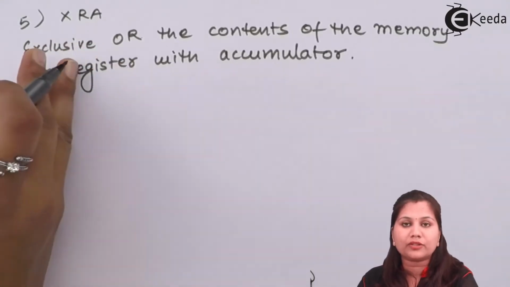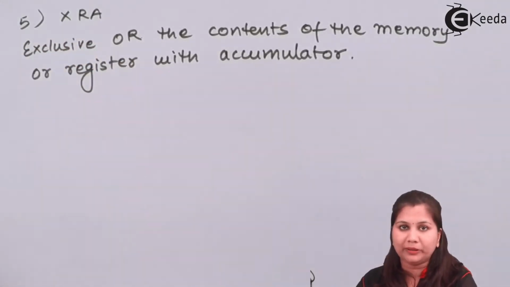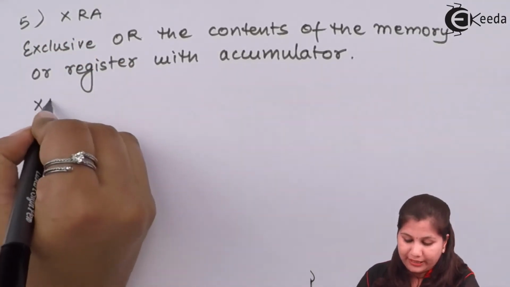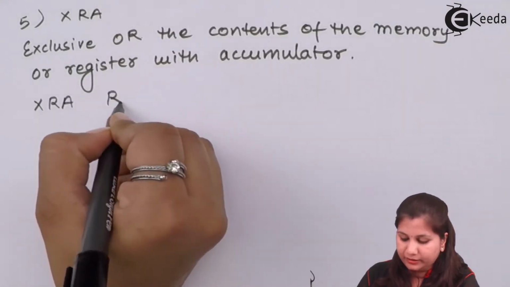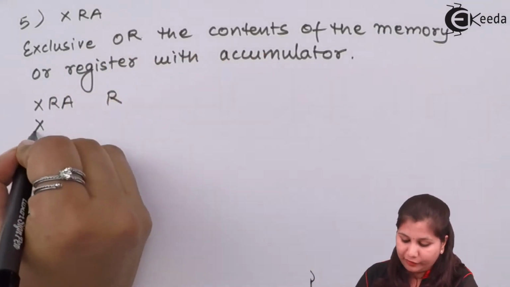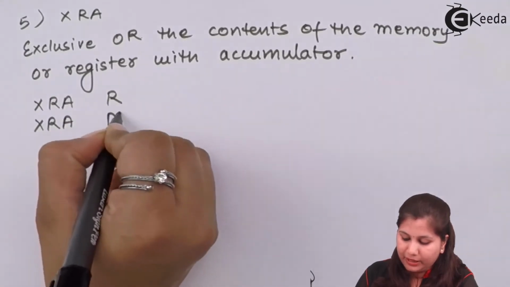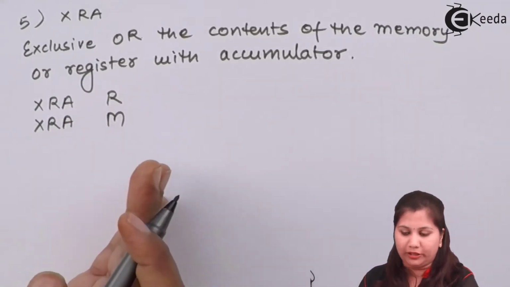And the result of this operation will be stored in the accumulator itself. So if we are writing XRA R, then it will be a register, and if we are writing XRA M, then it will be a memory location.